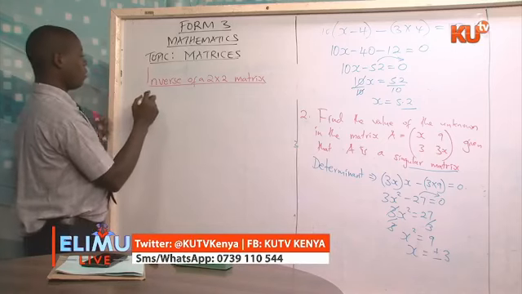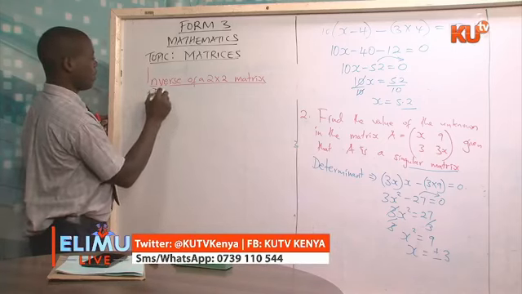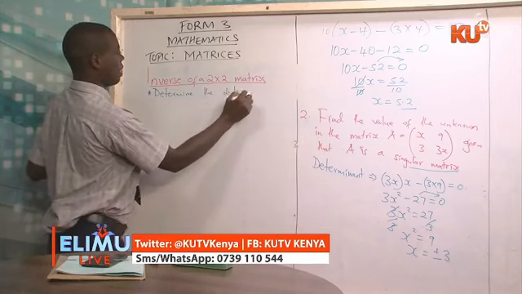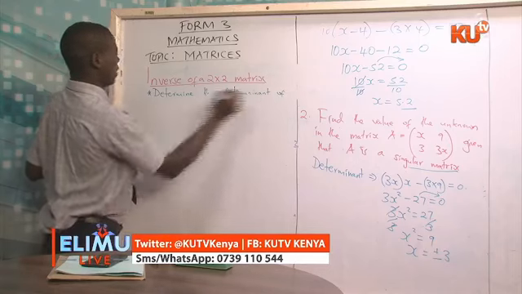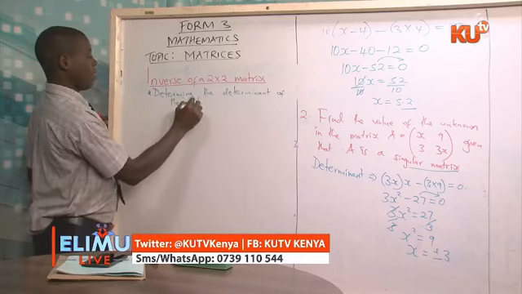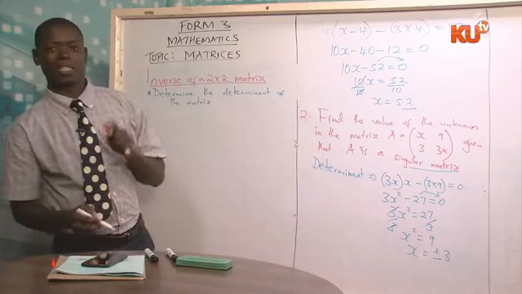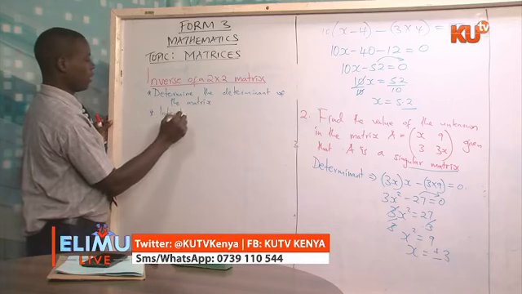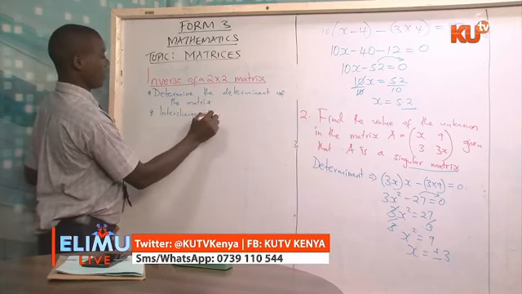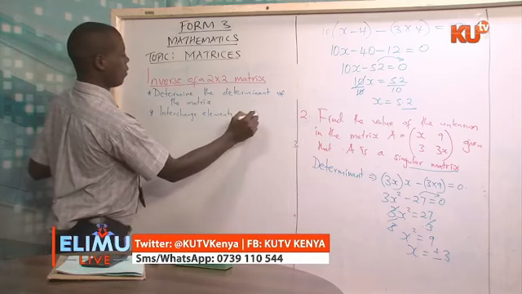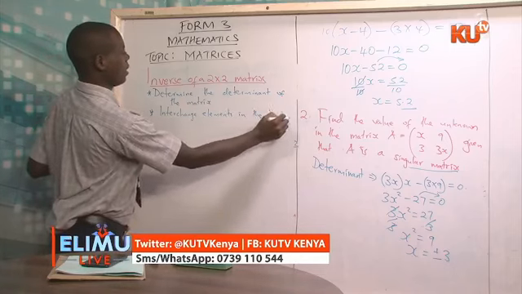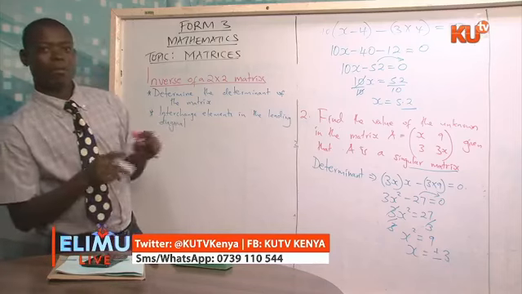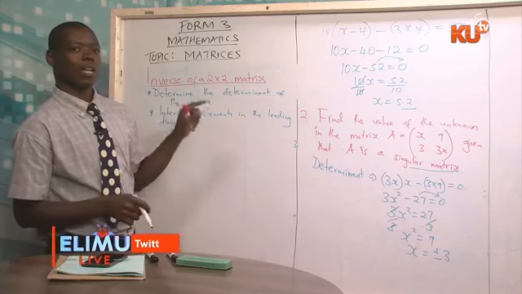Number 1, the student must be able to know how to get the determinant. So you determine the determinant of the matrix. Once you obtain the determinant of the matrix, step number 2, you interchange the elements in the leading diagonal, meaning you shift the position from one to the other.